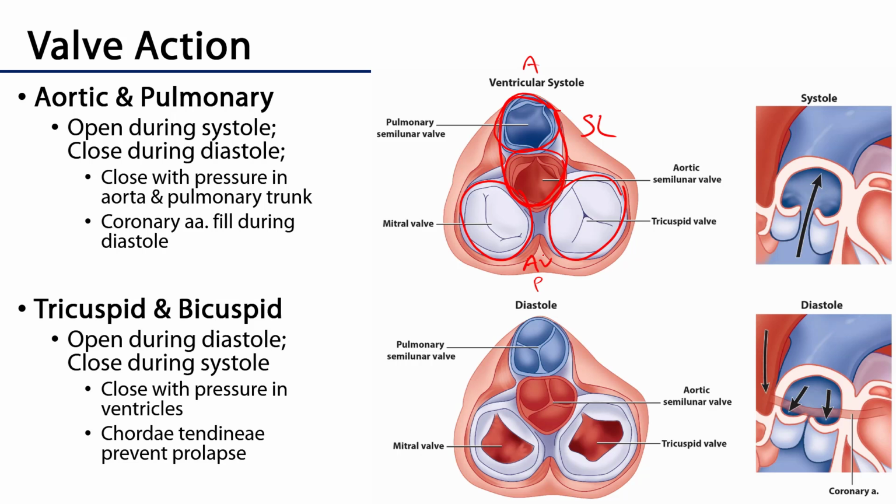During systole, the pulmonary and aortic valves are wide open. Interventricular pressure is pushing that blood through the valves.